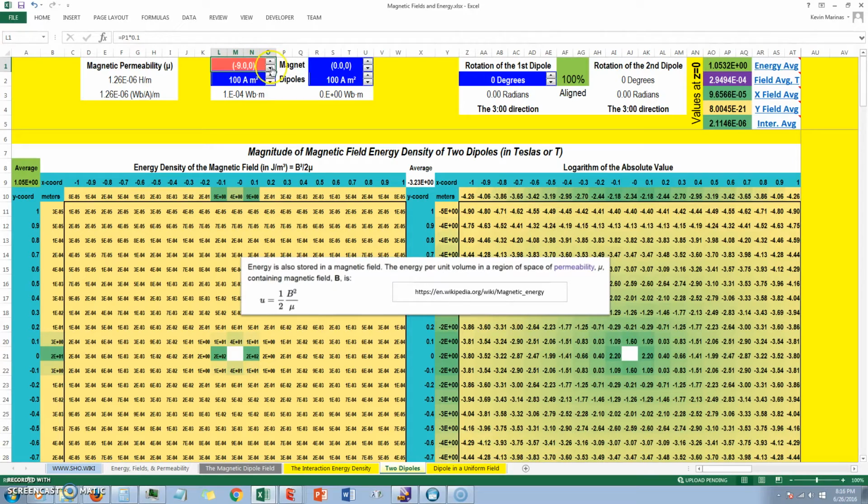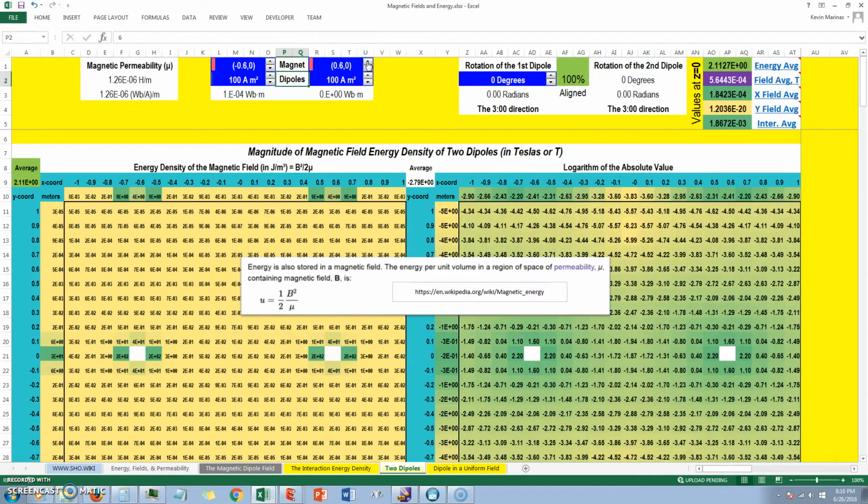There we go. That's more like it. Okay, so if I make this 0, that's the way to do it. Okay, so there is my minus 0.2 of x coordinate. Now as I move this out, let's move that into the negative 0.6 x position. Let's do the same thing for the other. Now they're separated by plus or minus 6 on the x-axis.